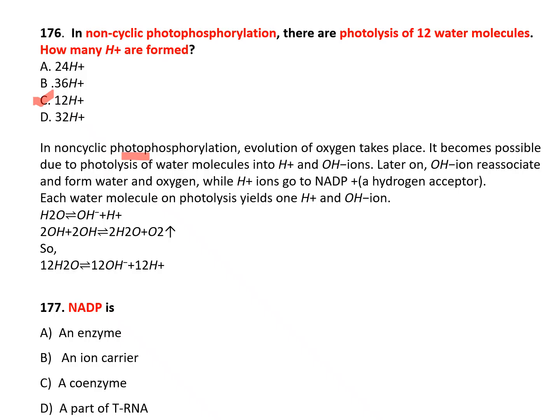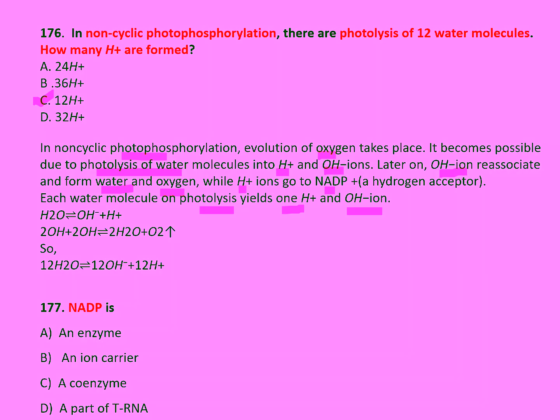In non-cyclic photophosphorylation, evolution of oxygen takes place. It becomes possible due to photolysis of water molecule into hydrogen ion and OH minus ion. Later on, OH minus ions reassociate to form water and oxygen, while hydrogen ions go to NADP plus and it is reduced to NADPH. Each water molecule on photolysis yields one hydrogen ion and one OH minus ion.